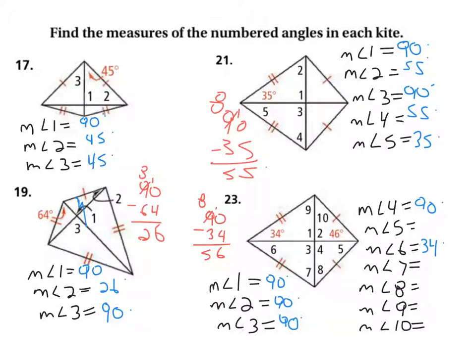So that's what angle 9 is going to be. And so therefore, 56 degrees. We know that because angle 9 is the same as angle 7, angle 7 will also be 56 degrees.